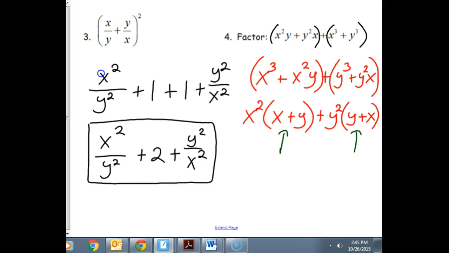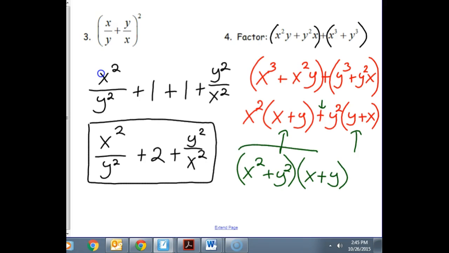So what does this actually mean to us? What does our factors look like? X squared plus y squared, right? Because that's a plus, times x plus y. You will need to know how to do this.